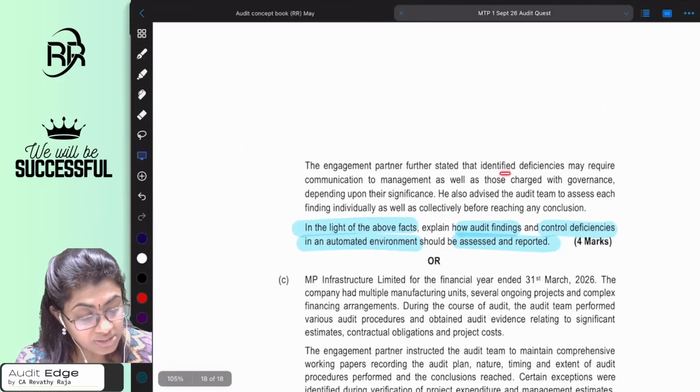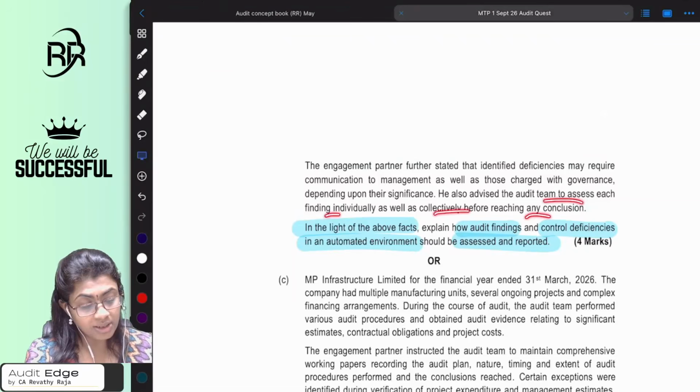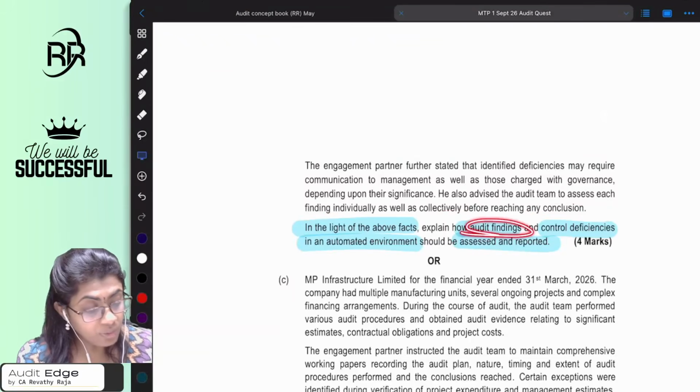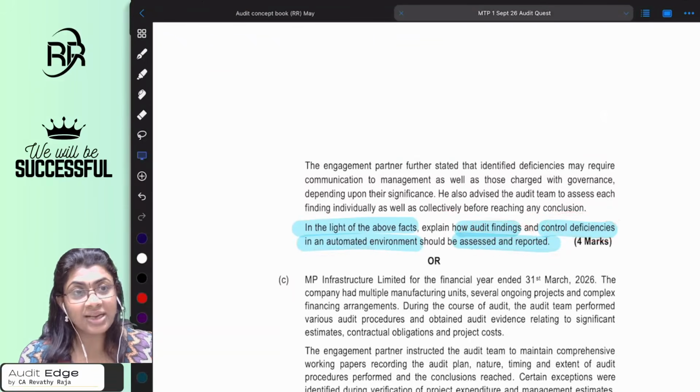The partner further stated that identified deficiencies may require communication with the management. He advised the team to assess each individually and collectively. So there are a lot of deficiencies. So how should the findings of control deficiencies in an automated environment be assessed and reported?